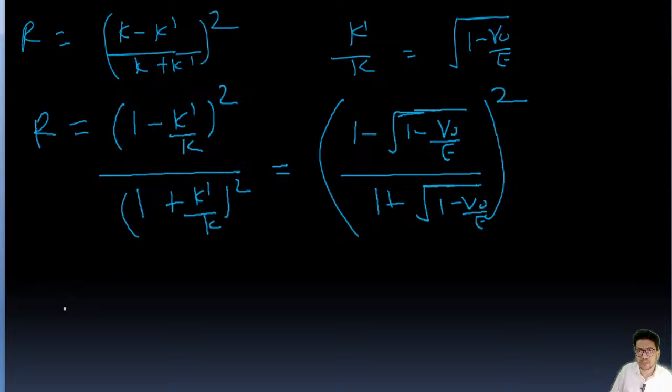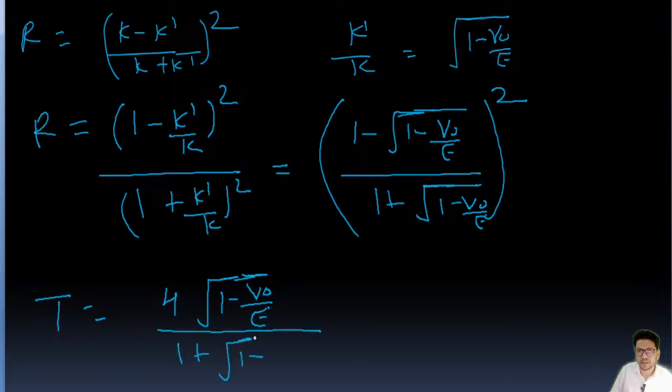Similarly, T, if you put K dash upon K equal to root of 1 minus V naught upon E, is going to be 4 root 1 minus V naught upon E upon (1 plus root 1 minus V naught upon E) whole square. So these are the reflection and transmission coefficients for case 2.